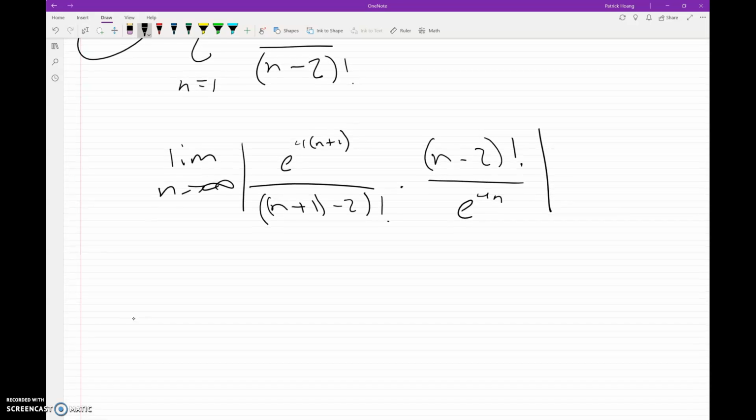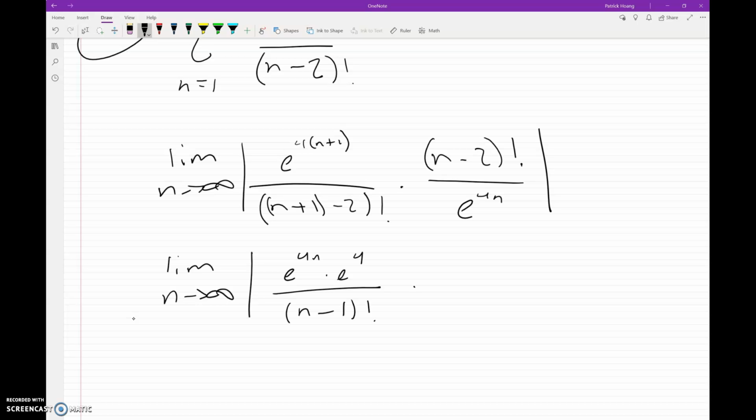Now many of you guys saw that, okay, the limit as n approaches infinity, the absolute value. So e to the 4 times the quantity n plus 1 can be simplified into e to the 4n times e to the 4. And in the denominator, n plus 1 minus 2 is just n minus 1 factorial.